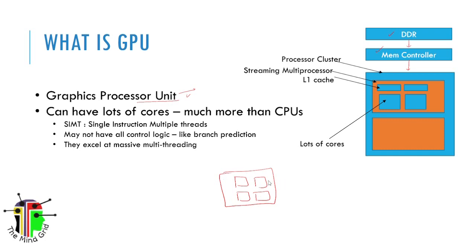Then you would have a bunch of caches: L1 cache, L2 cache, L3 cache before your memory controller, and then external memory. These cores are all on equal footing. They all have access to the L1 cache, then the external caches, and then the DDR. So they're all equally powerful.